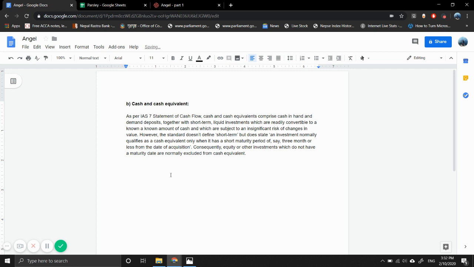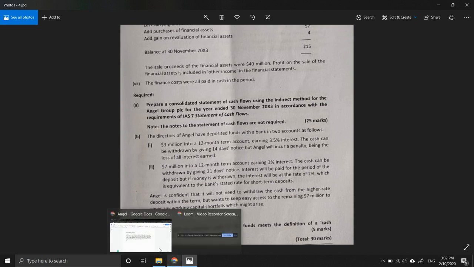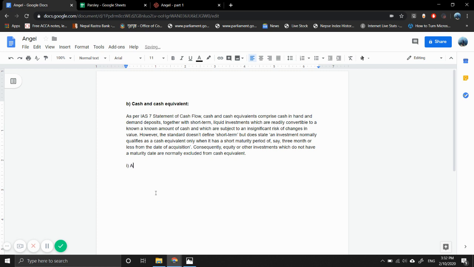So in this case, for number one, right, what do we have over here? 3 million into 12 months, which can be withdrawn within 14 days notice, but will incur a penalty, being loss of interest earned, right?